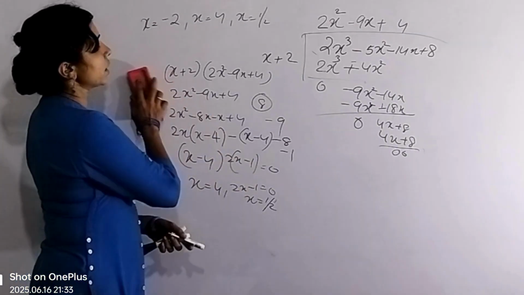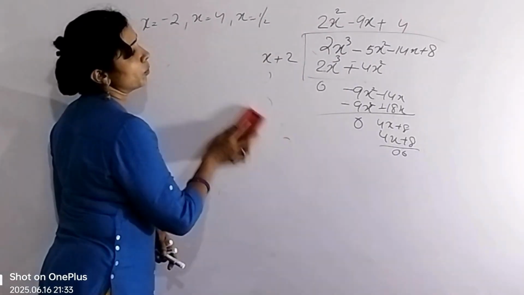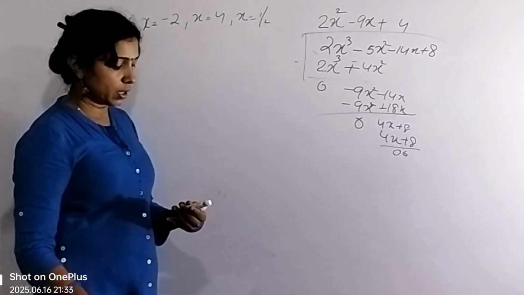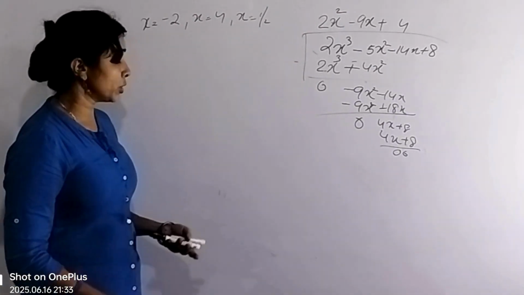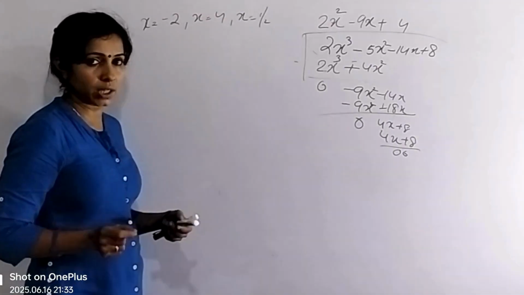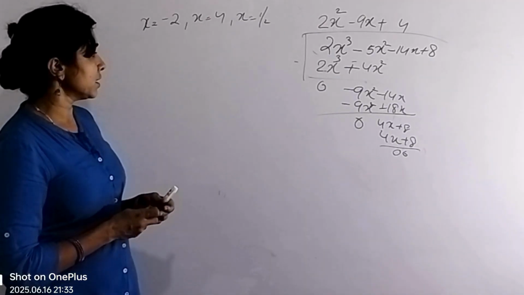So here I got three real zeros. This is the method to solve the cubic polynomial. If we get one real factor, then we can find out the other factors by dividing like this. Otherwise, it's not easy to put hypothetically 1, 2, 3, it will take too much time. For the examination hall, we won't be remembering all these things.